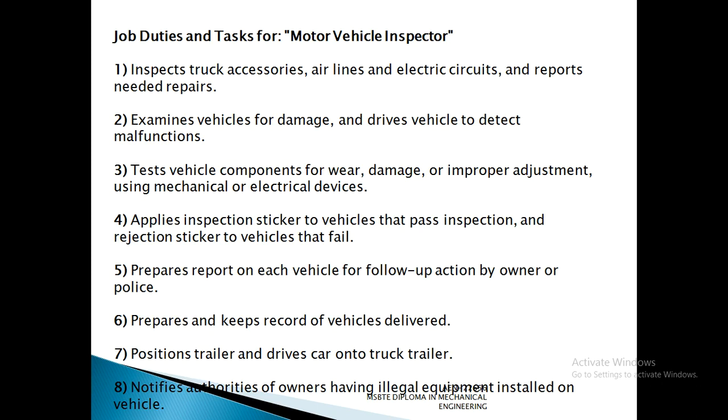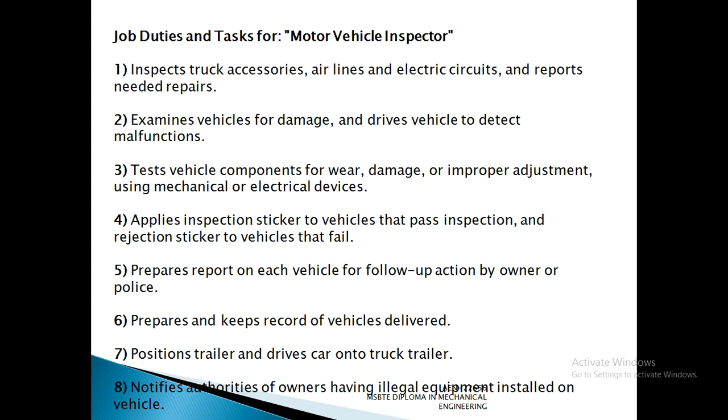That is, different tests are conducted to check the wear and damage of any mechanical or electrical devices in an automobile. He applies an inspection sticker to vehicles that pass inspection and a rejection sticker to those that fail. That is, he completely inspects and decides whether the vehicle is eligible for clearing the inspection or not.